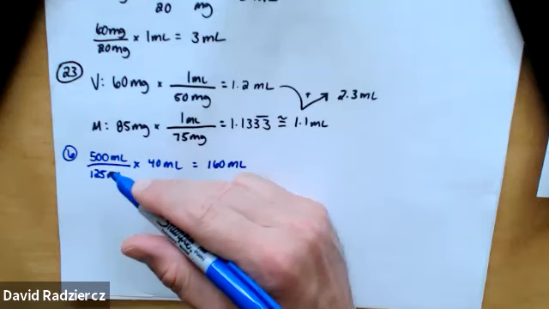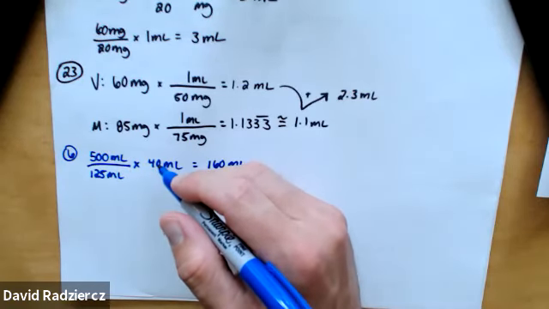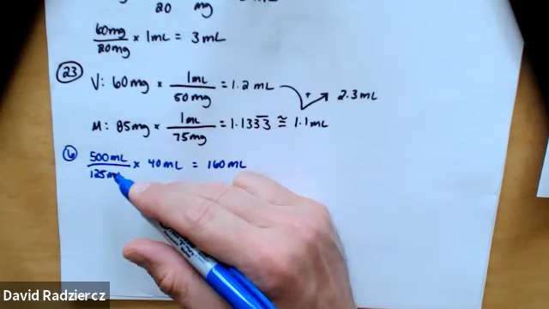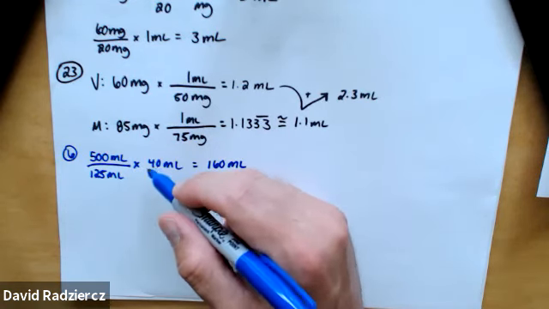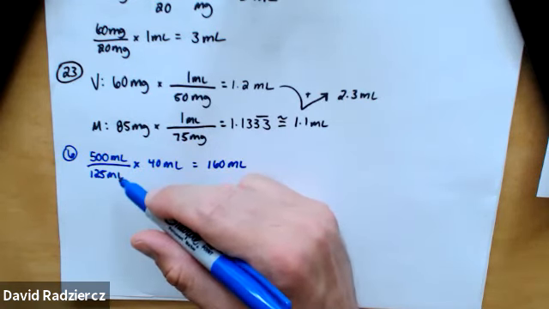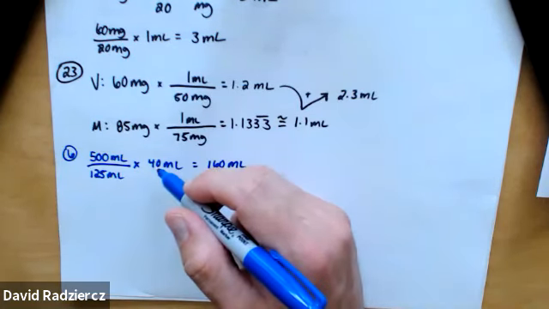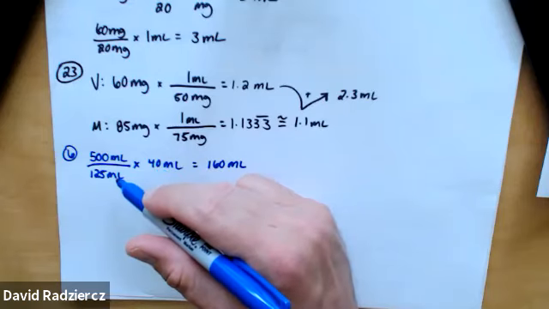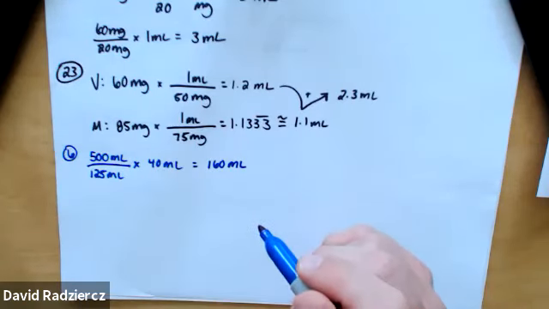So for every 125 milliliters lost, it's 40. So 125 times 2 is 250, 80 milliliters. Times 3 is 375, 120 milliliters. And then times 4 is 500 milliliters. And that's where we get our 160 milliliters.